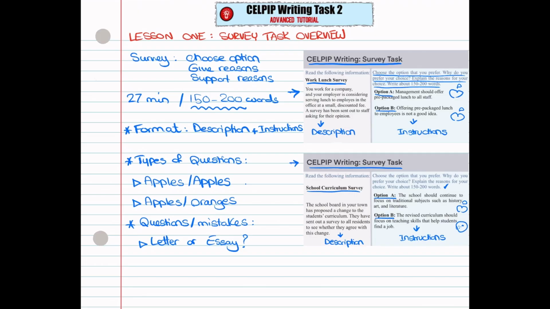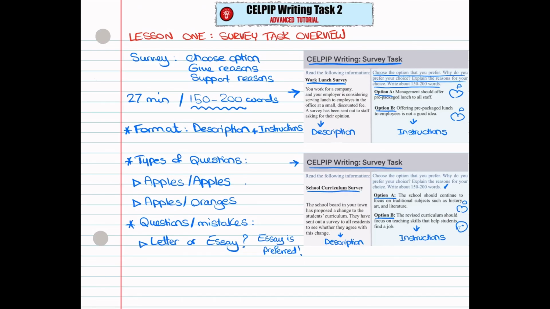The answer to this question is you can do both, but an essay format is generally preferred. Remember, your job is to state your preferred option and support your choice with reasons and examples. Writing a letter or email overlaps with the other writing task and also wastes a lot of words on elements such as the salutation, the opening, the closing, the leave-taking.